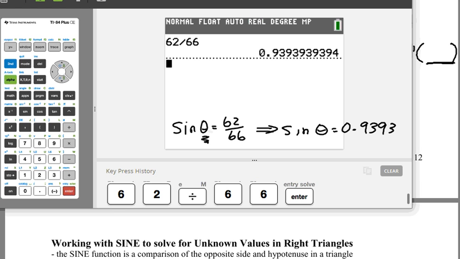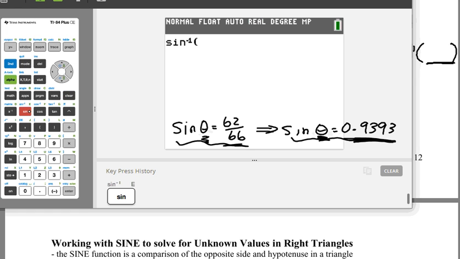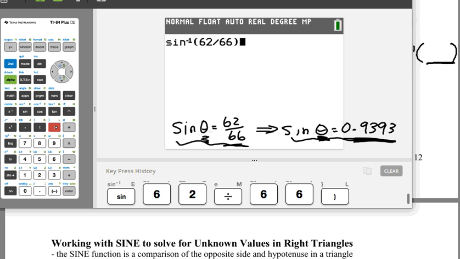Well, in that case, I could now calculate theta using the fraction or the decimal. Should give us the same answer because they're the same thing. So, want to find the angle, second function sine, 62 divided by 66 gives me the fraction form. Hit enter. We have a 69.9 or a 70-degree angle.